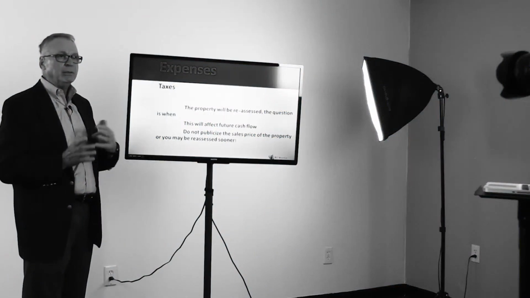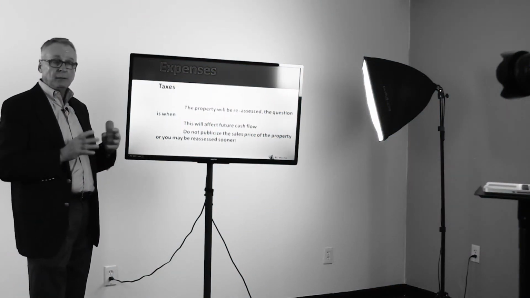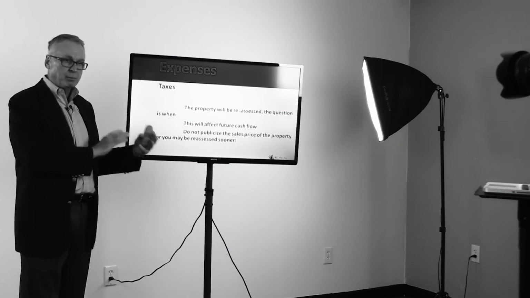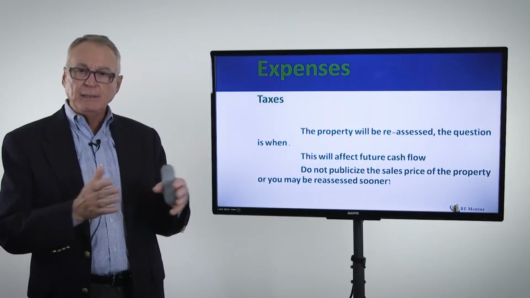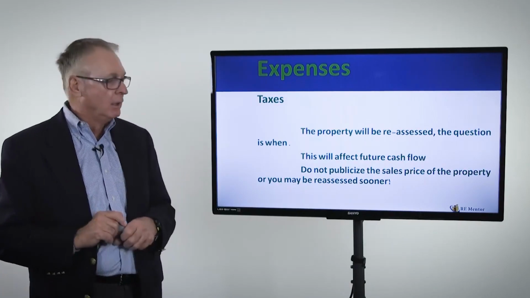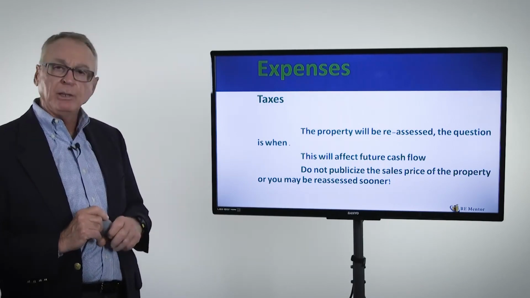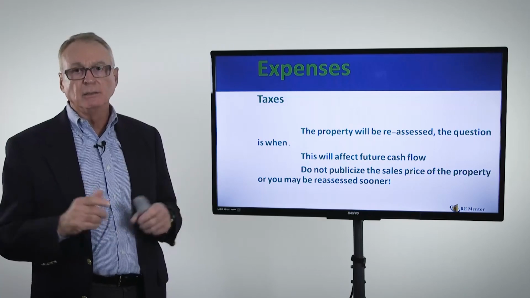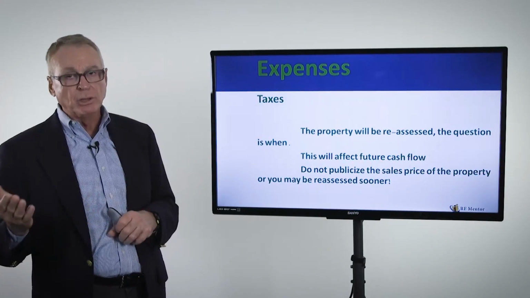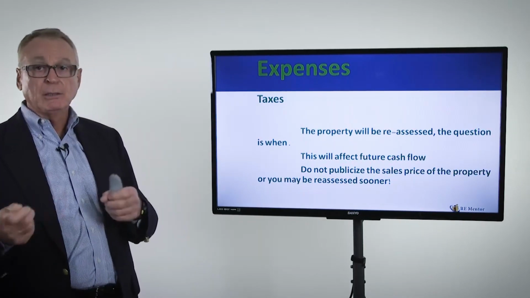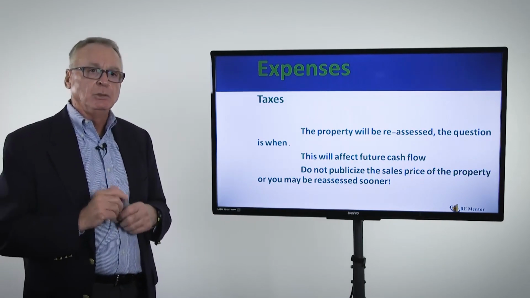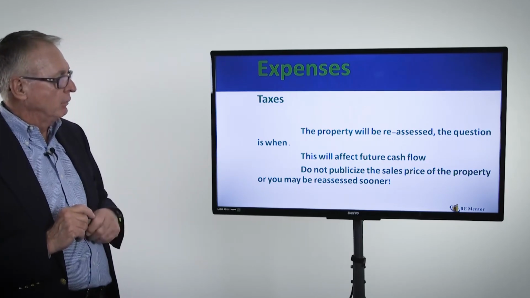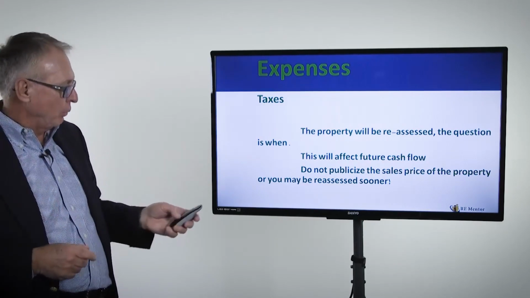They don't even give us any discount for the land, because typically your property taxes are based on the building. They call it the improvement, and they only tax the improvement and not the land. But in this particular area, they taxed the entire amount, which made our taxes a lot higher than we projected. Thank goodness we projected a little bit higher, so it offset some of the additional taxes we had to pay.